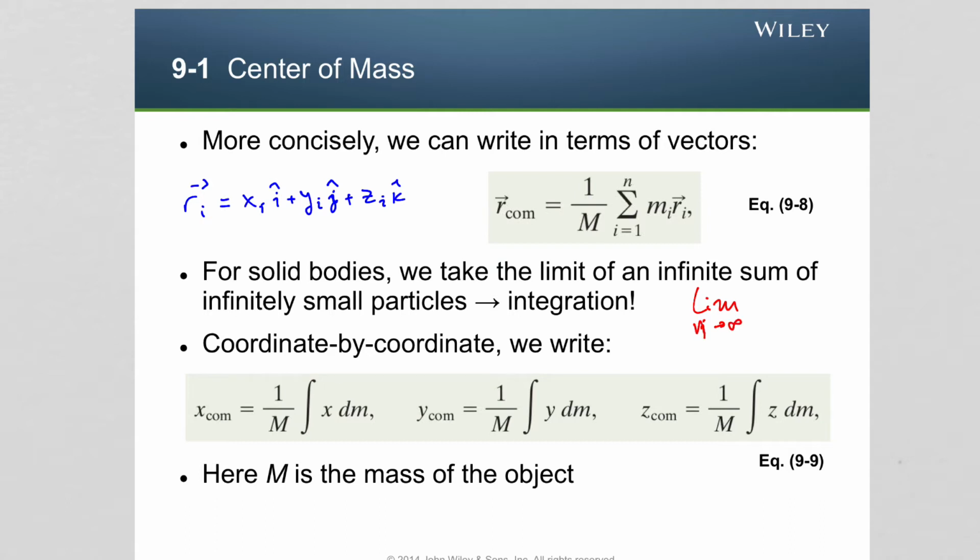In this case, these sums will transform into integrals, and so each of the coordinates of the center of mass in 3-dimensional space will be calculated by those 3 integrals. And here, m is the mass of the object.